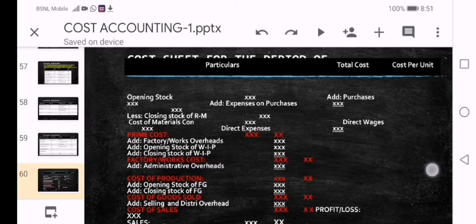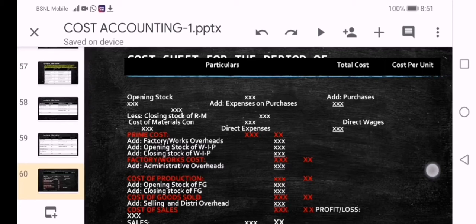So in the case of closing stock of work in progress and in the case of closing stock of finished goods, you have to add opening values and deduct closing values. Once you finish this process, you will get cost of goods sold.